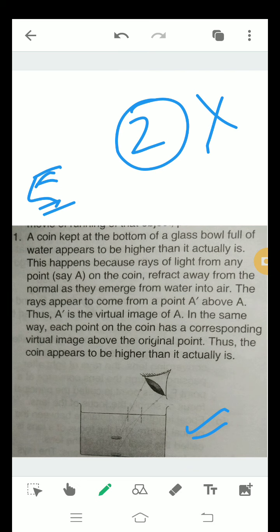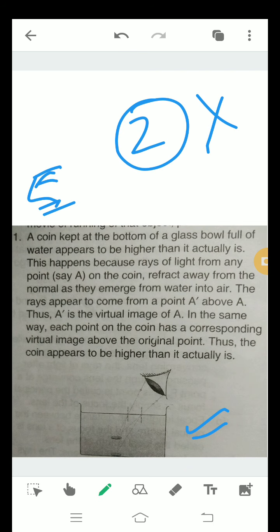Water is a denser medium and air is a rarer medium. The rays appear to come from point A dash above A. Thus A dash is the virtual image of A. In the same way, each point of the coin has a corresponding virtual image above the original point. Thus the coin appears to be higher than it actually is.